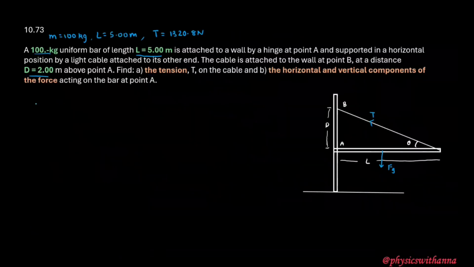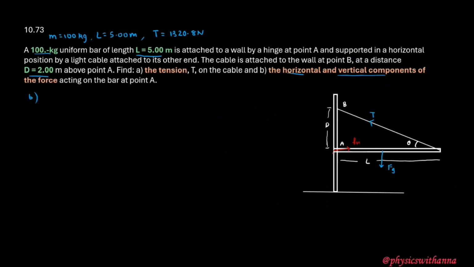Now let's discuss part B of the question. In part B, we need to find the horizontal and vertical component of force acting on the bar at point A. Since the bar is attached to the wall and it is not free to move, the wall will exert forces at point A. One of the forces, which we call the horizontal force, I will write as FH.